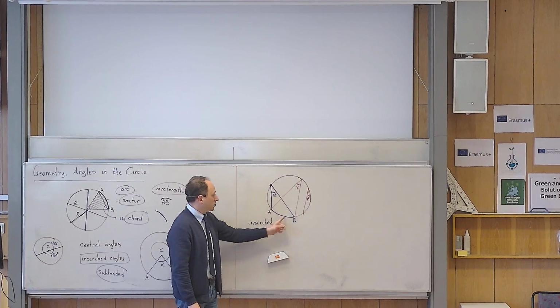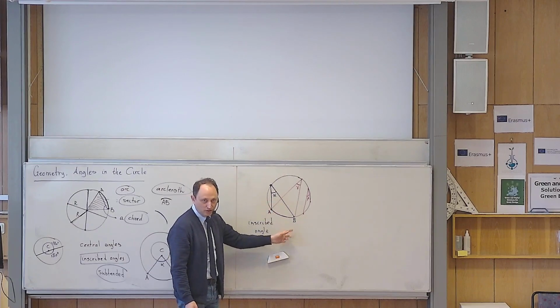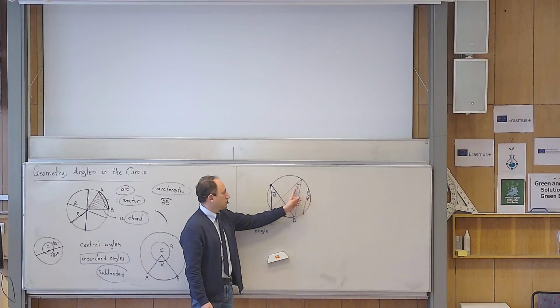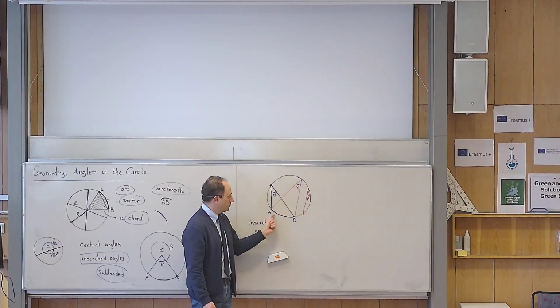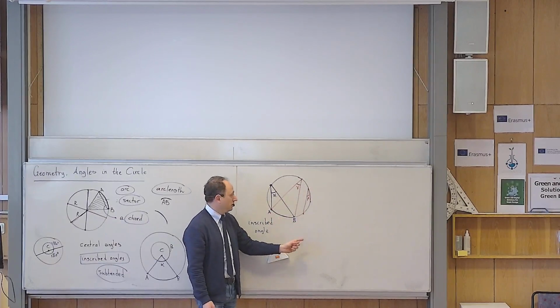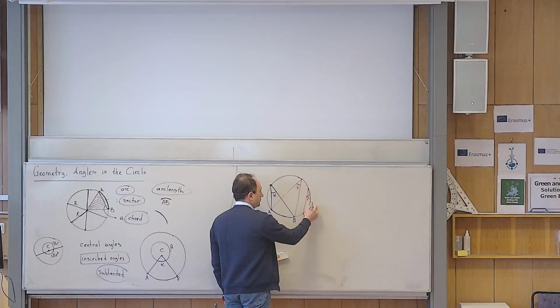We say that this arc is subtended by alpha, or alpha subtends this arc. If I ask you which arc subtends gamma, it means which arc is opposite to gamma. Again, the same arc AB. And which arc is subtended by beta? C, for example.